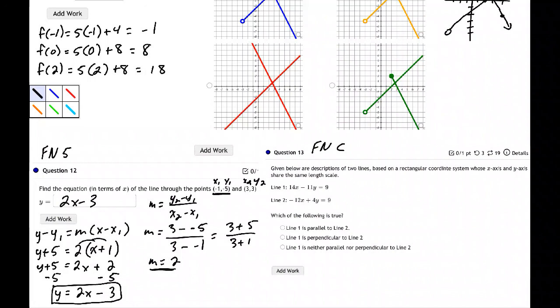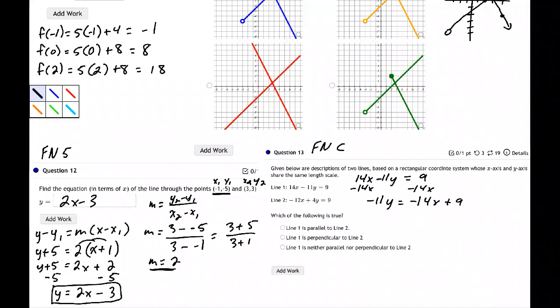Now, I'm going to write this over again. 14x minus 11y equals 9. And I'm going to isolate y. So I will subtract 14x from both sides to result in negative 11y equals negative 14x plus 9.